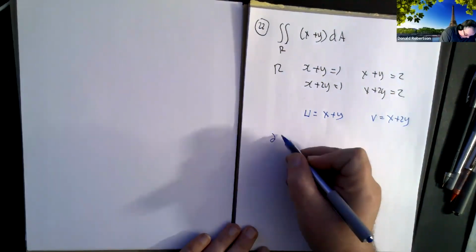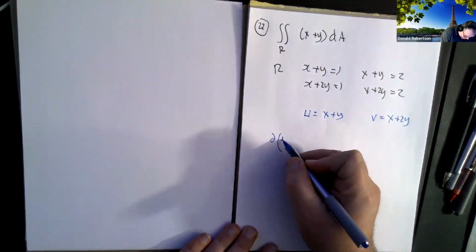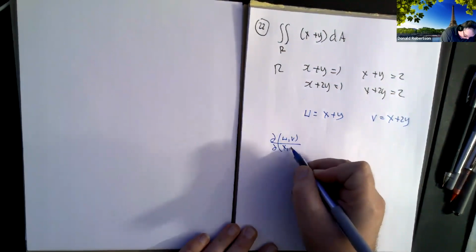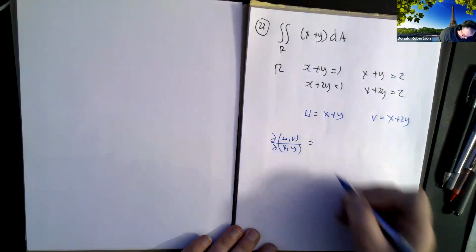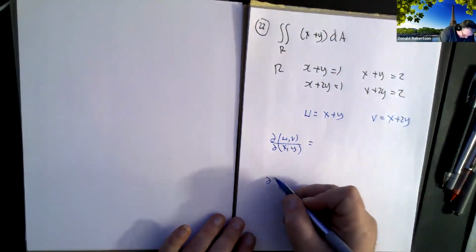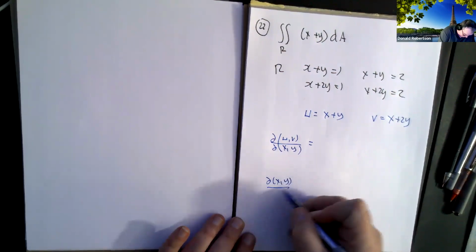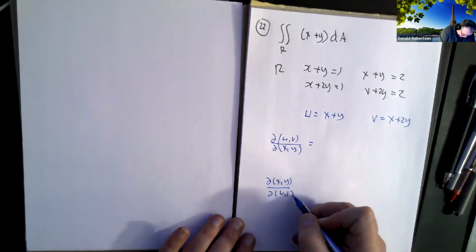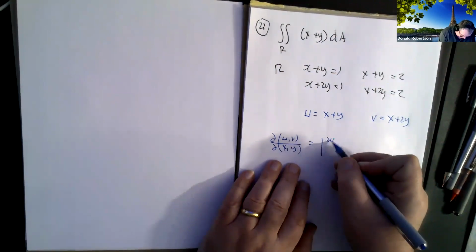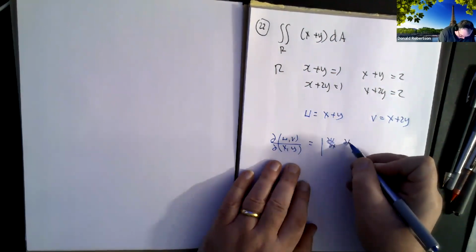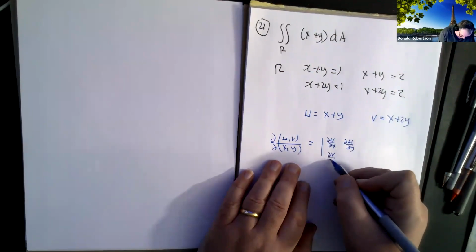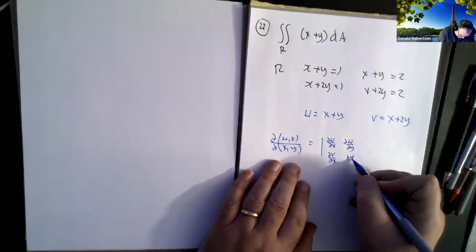So the Jacobian that we're going to do here is going to be partial u, v over partial x, y, which I know is the wrong way around, but we'll fix it, because what we want is to know what this guy is. But sometimes the information is not in a form that makes that easy. So this is easy to do. Partial derivative with respect to x of u and partial derivative of x and y.